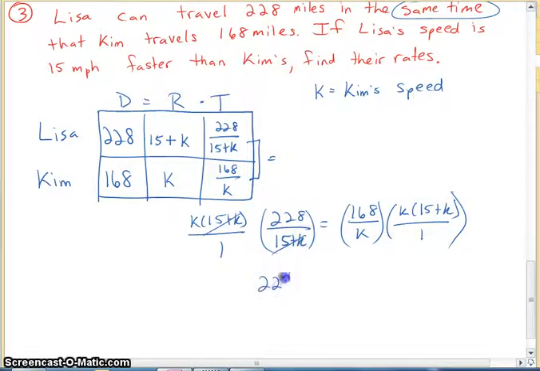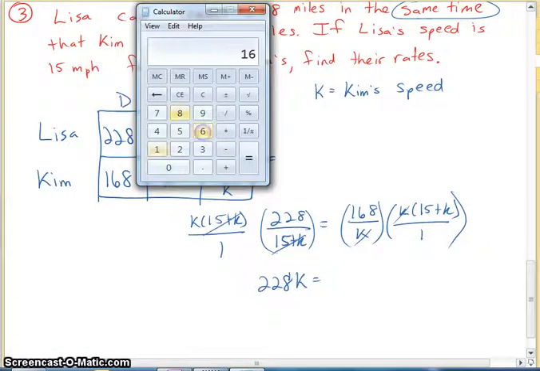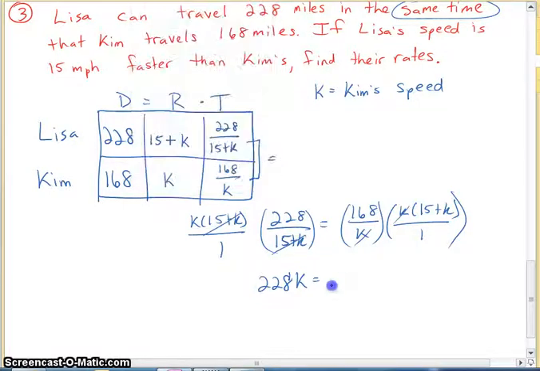So 228K equals 168 times 15 plus 168K. Subtract the 168K from both sides.